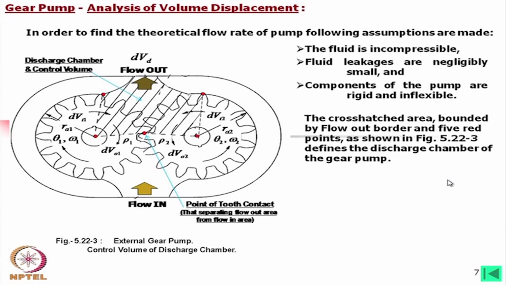Now, the important thing is that to analyze this, as I told, these 3 points will constitute the chamber. When this point is moving in these directions due to the clockwise rotation, after a small amount of rotation this chamber will be connected, because this path will be open. Then immediately at that instant we have to consider this contact point and this point.